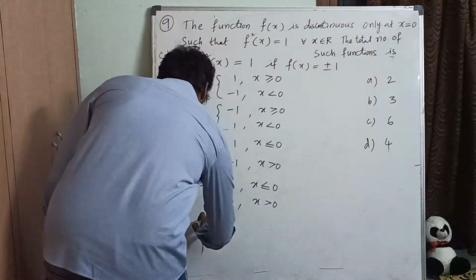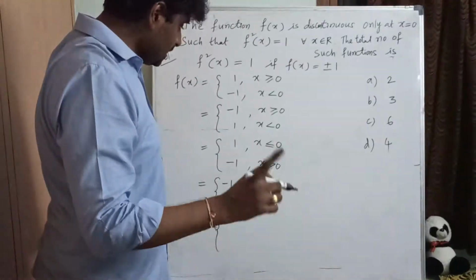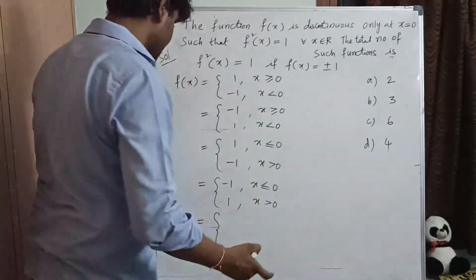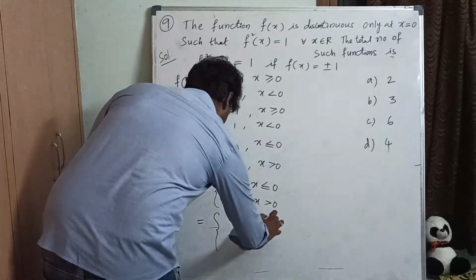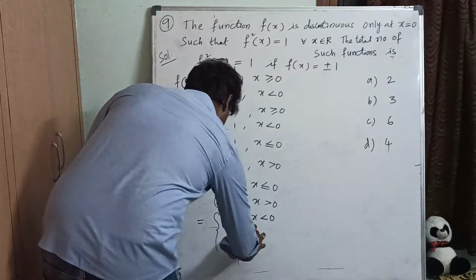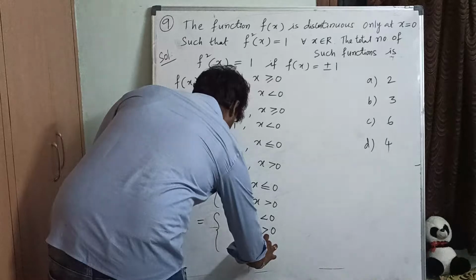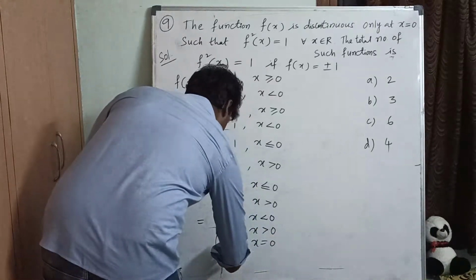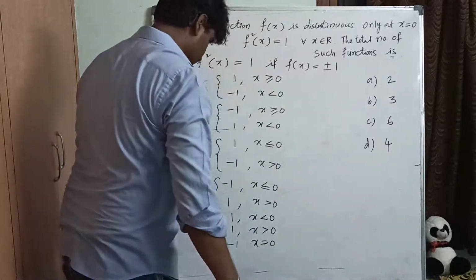Now similarly I am taking LHL, RHL separately, function values separately. So 1 for x less than 0, 1 for x greater than 0, and at x equal to 0 the value is minus 1. Correct or not? Like this also I can write.